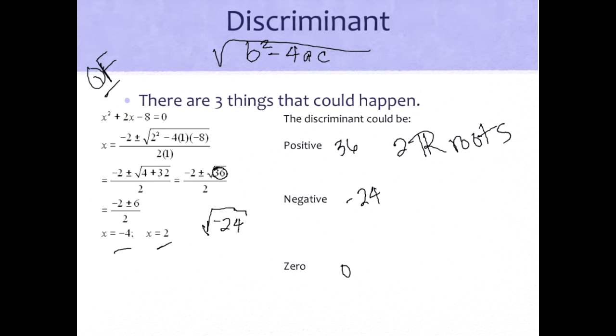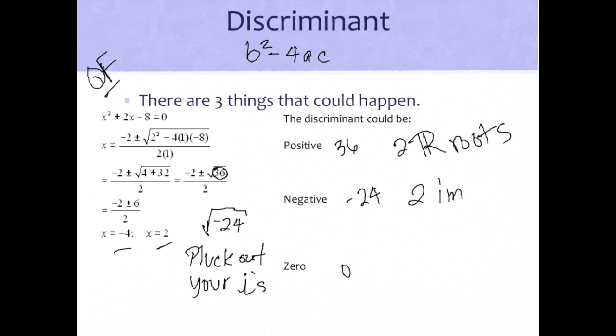It's whatever goes under that radical sign. So if I were to end up with a negative under the radical sign, what would that mean? If we end up with a negative discriminant, that simply means that we have 2 imaginary roots.